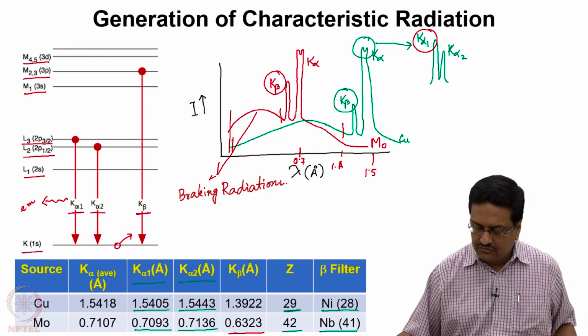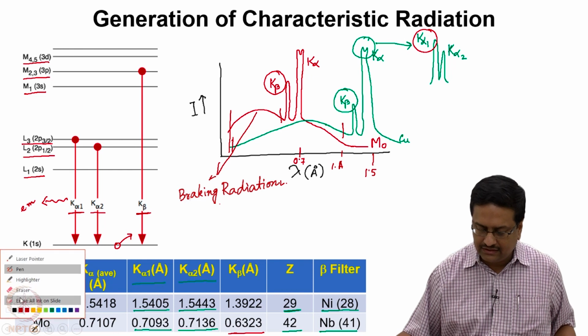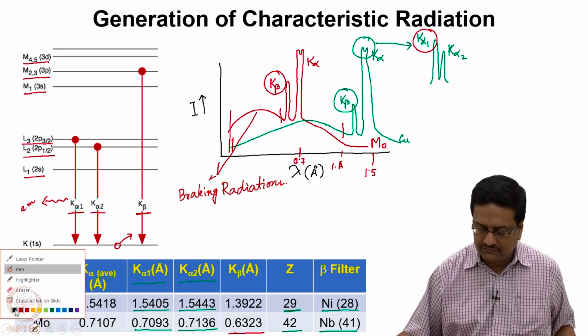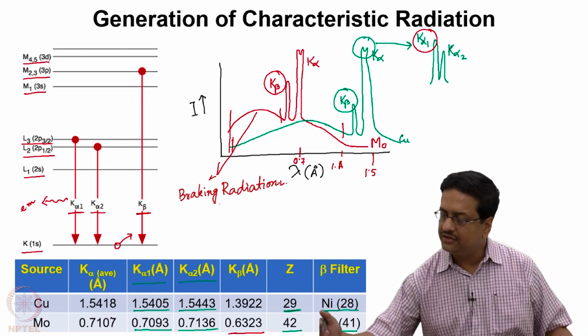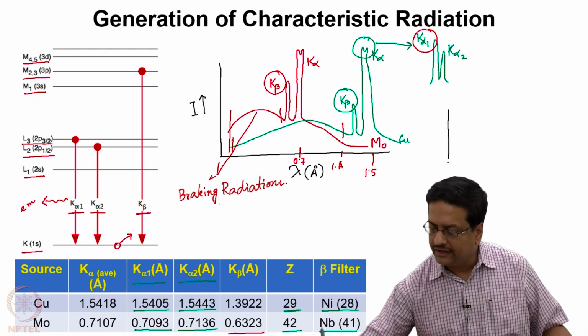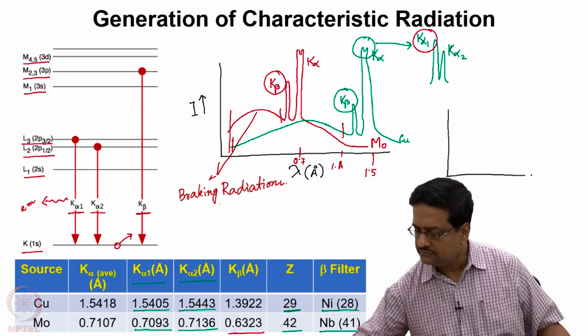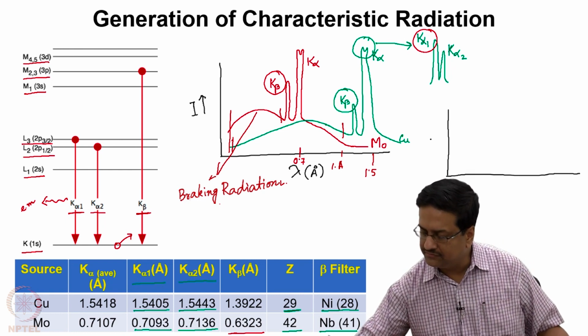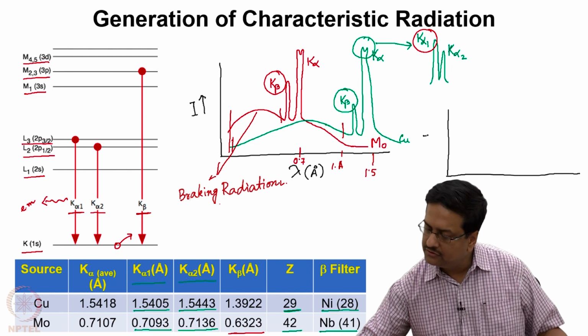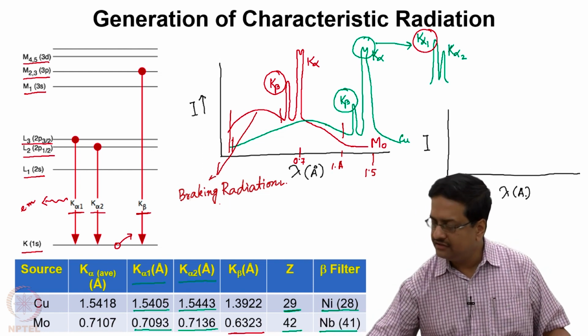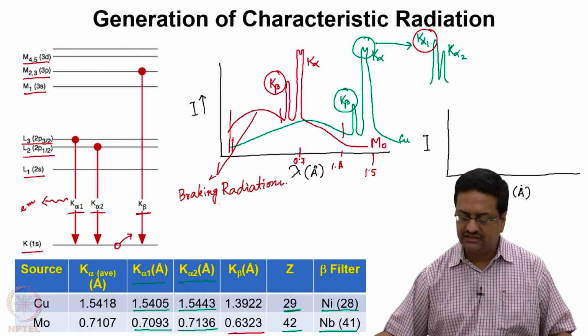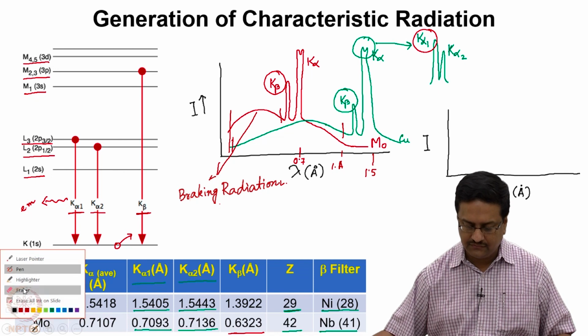Now we would like you to also understand the importance of using very high voltage. If we were using an X-ray tube with a variety of potential differences applied, we would have seen the feature that I am going to draw here.